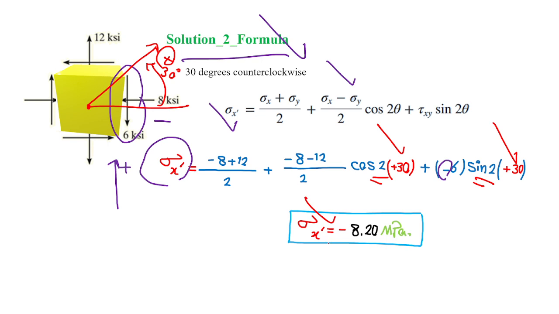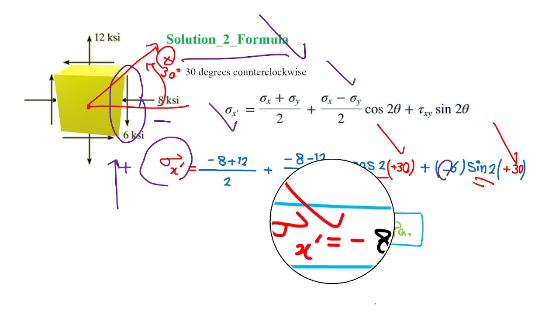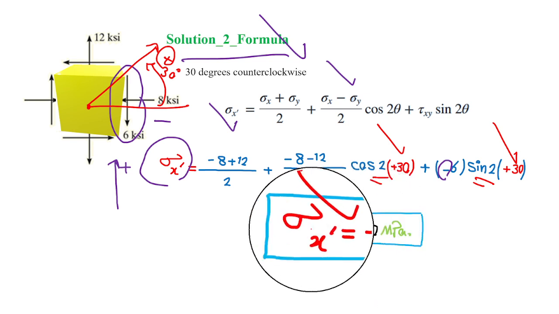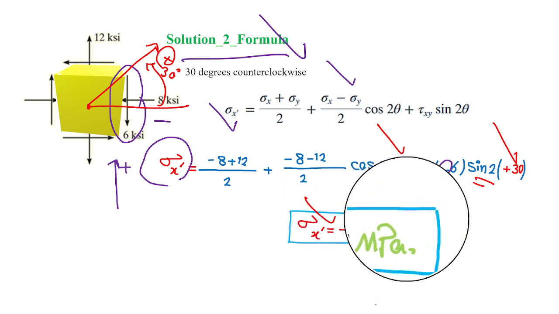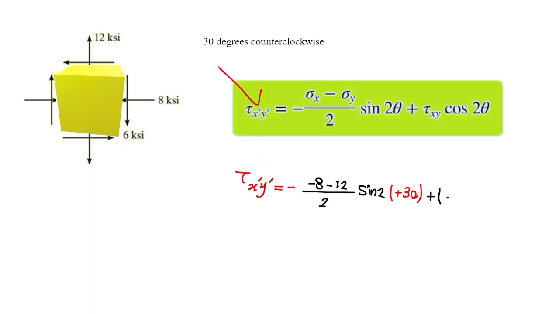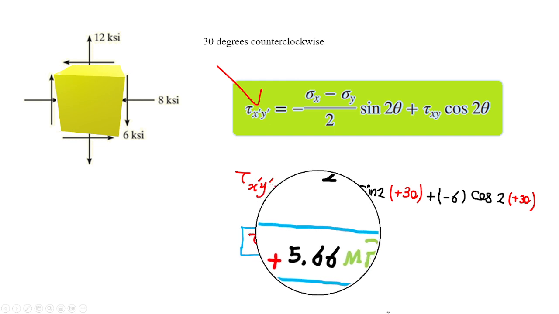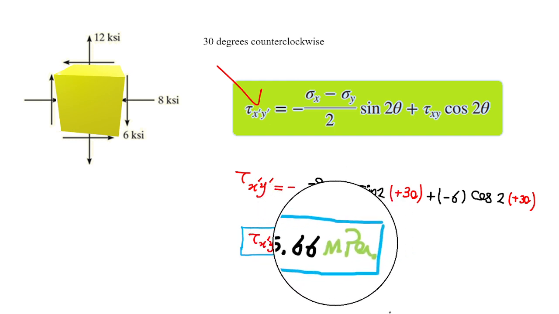Sigma x prime is again the same numeric value from the Mohr circle, and that sigma x prime is equal to a negative 8.20. Likewise, if you want to use the formula, tau x prime y prime gives you the numeric value of a positive 5.66.